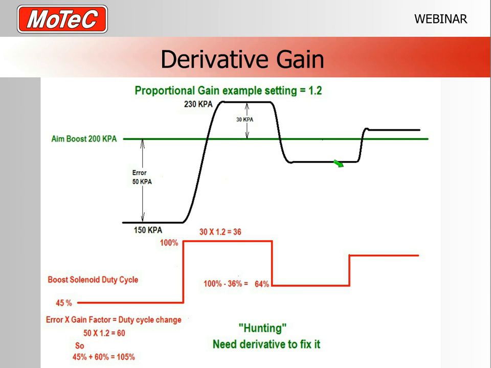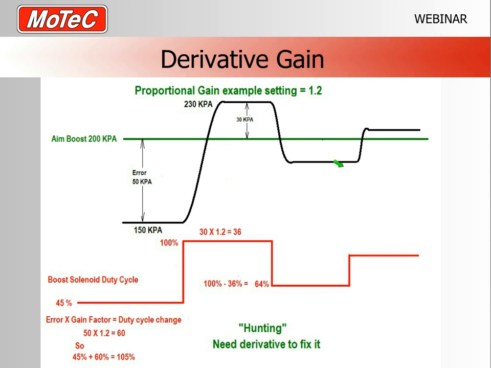Bang, down it comes. Oh, under, too low. And again, it's got to calculate a difference, and up comes the solenoid and over. And this is called hunting. So, without the use of derivative, which we haven't explained yet, if we had no derivative gain in our PID, and you put a number big enough in the proportional gain to get good response, you would have hunting.